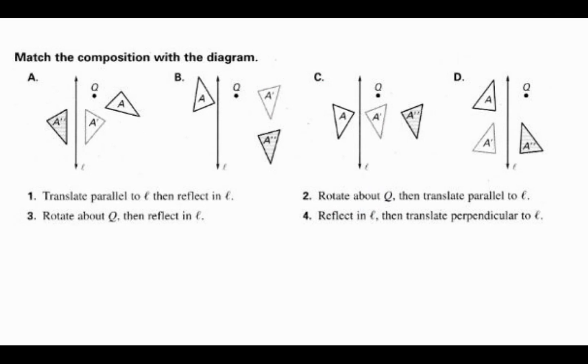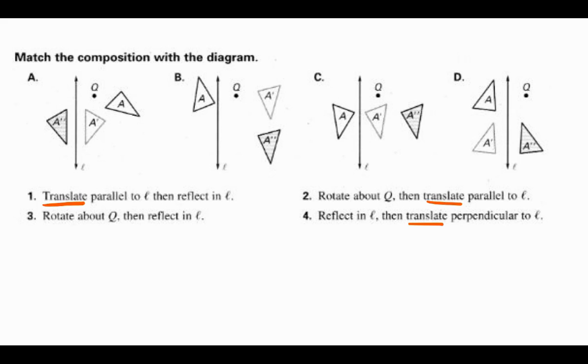Here is our first set of example problems. We're going to try to match our diagram to the correct composition description. Remember, we have three different items. We have translations, where we shift our object.